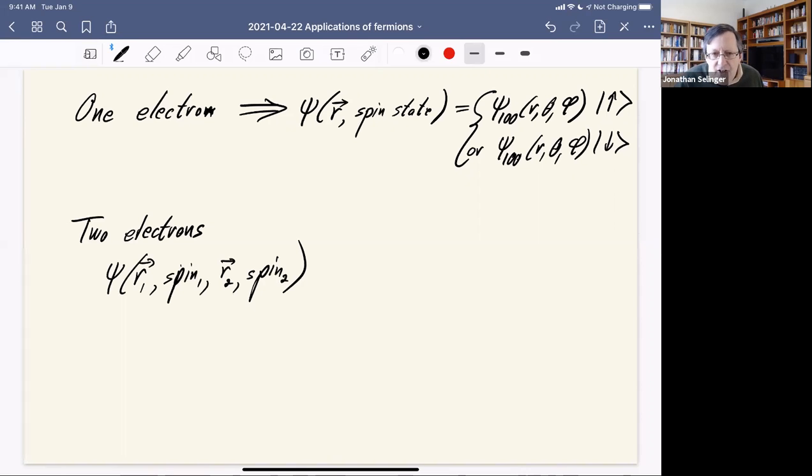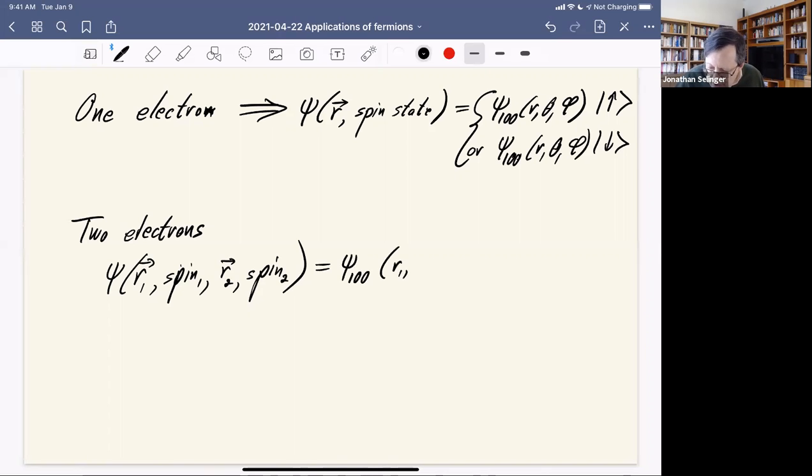And it has to be anti-symmetric if you exchange the positions and the spins. There are lots of ways to do that, but the lowest energy way to do it is if the positions are both in the state 1, 0, 0.